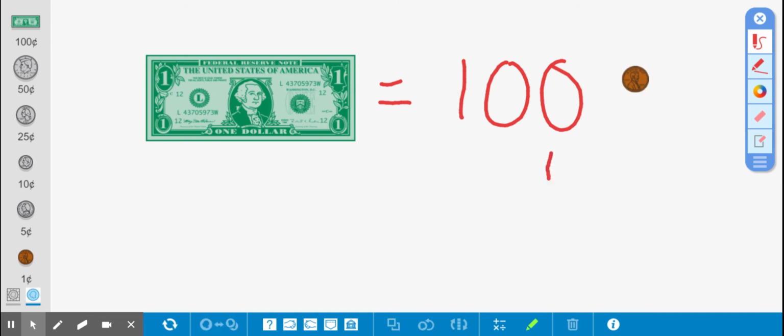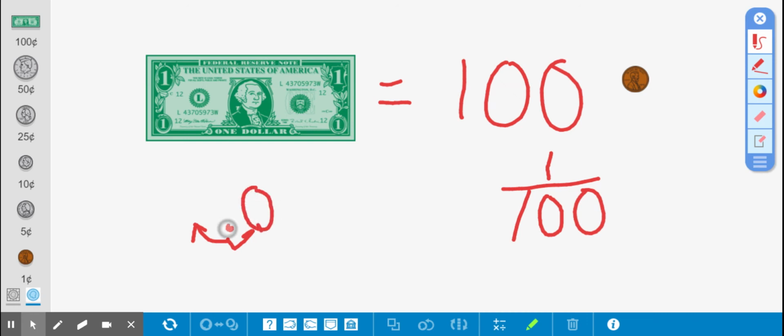And now as a fraction, we would represent it like this. That is 1 over 100, or we also refer to that as 1/100th. But as a decimal, we are going to begin looking at it this way. If this is my decimal point that separates the whole numbers from decimals, the first number over to the right after the decimal point is called the tenths.